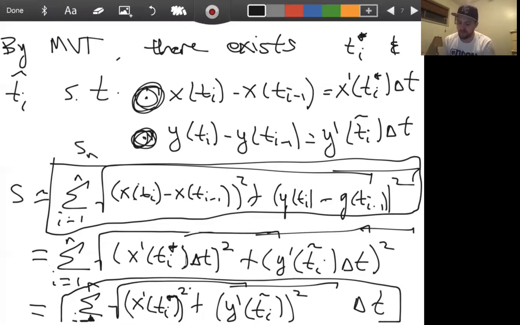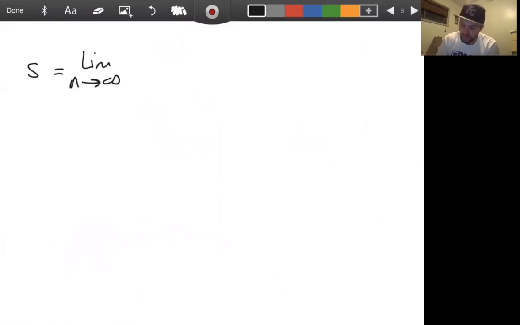Because it's the sum from i equals 1 to n. And then I want to take the limit as n goes to infinity. So we're getting smaller and smaller intervals, more and more segments, etc. So I want the limit as n goes to infinity of S sub n.